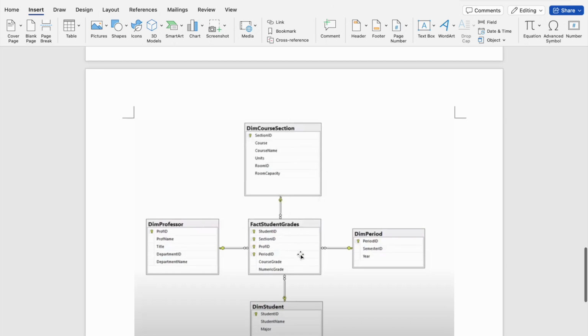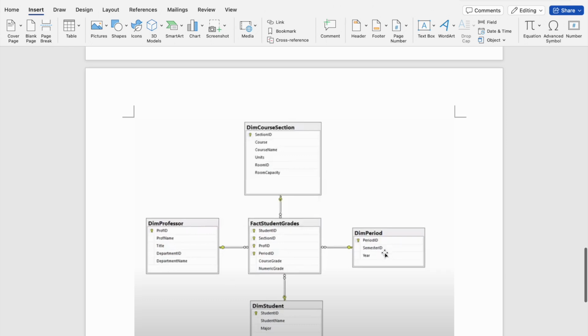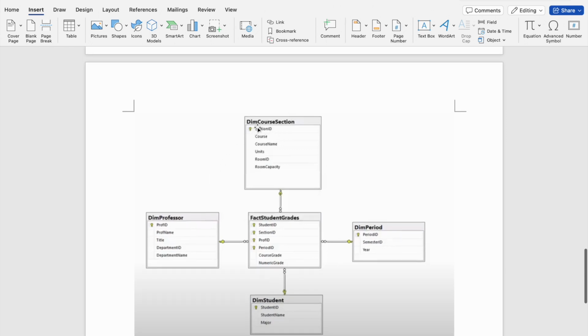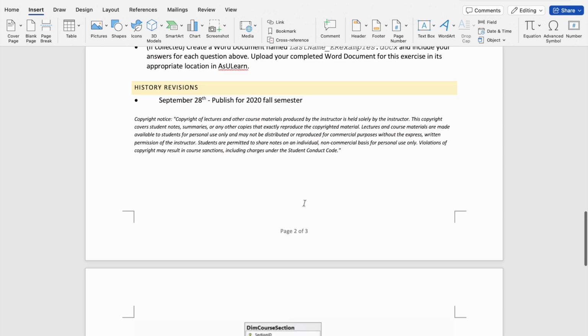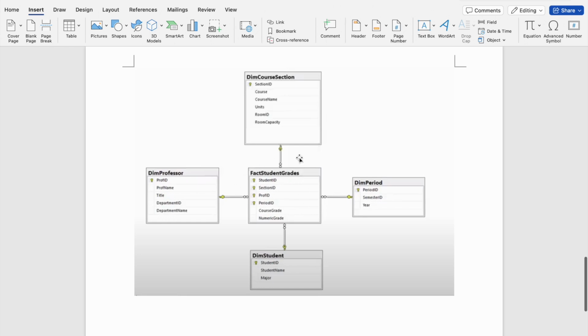We have the central table, which is the fact students' grades, and we also have 4 different dimensions, right? Including professor, course section, students, and period. In the fact table, there are the key values here, and we also have course grades and numeric grades. If we are trying to calculate the number of rows in the fact table, we need to figure out what that means.